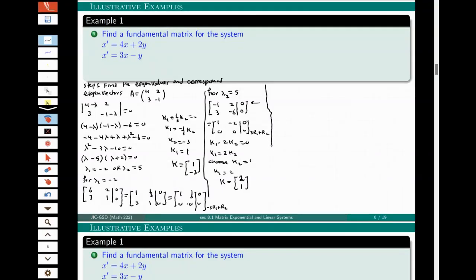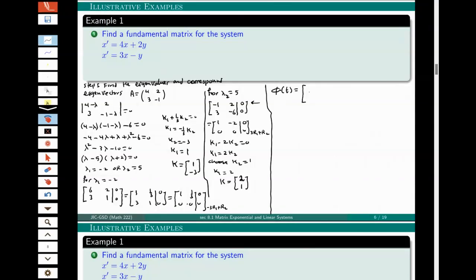So what does that mean? It means our fundamental matrix phi of t is defined using the eigenvector, which is 1 and minus 3, times e to the power lambda 1 t.